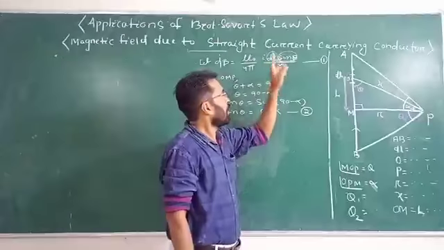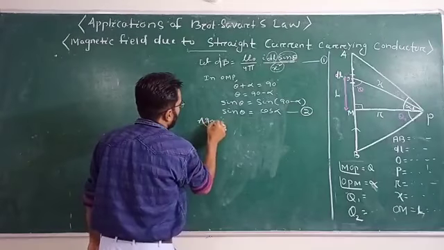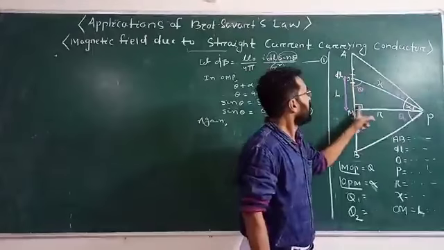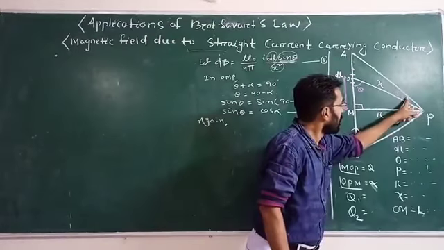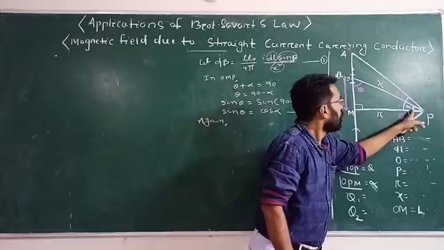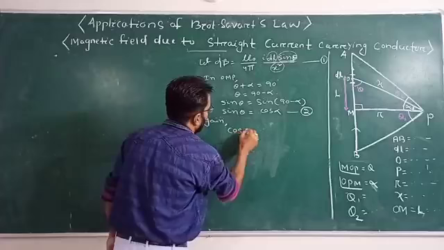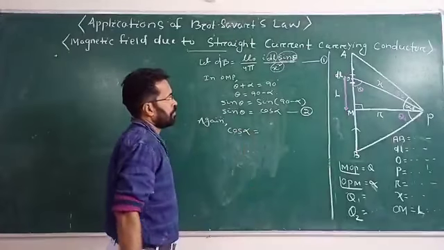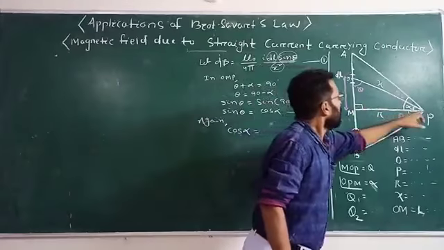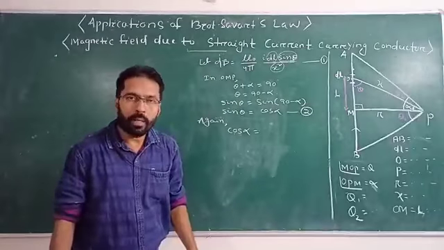Now you find the value of x. Again you go through the same triangle. Again in this triangle you observe this angle is alpha. Okay, this is theta 2. For this triangle, this angle is alpha. So you take cos alpha here. Cos alpha is equal to MP by OP.